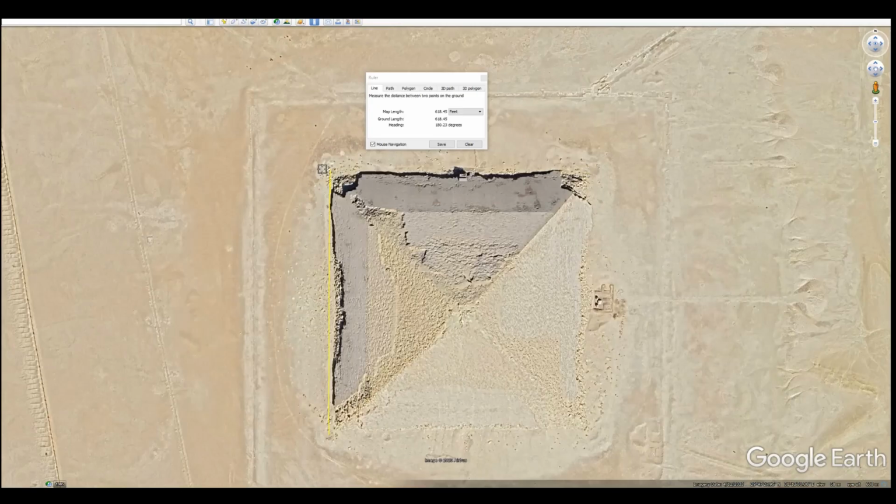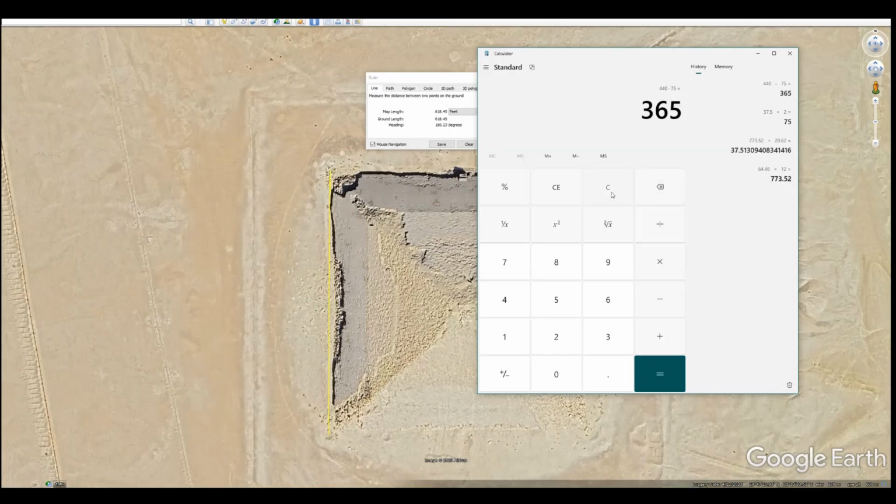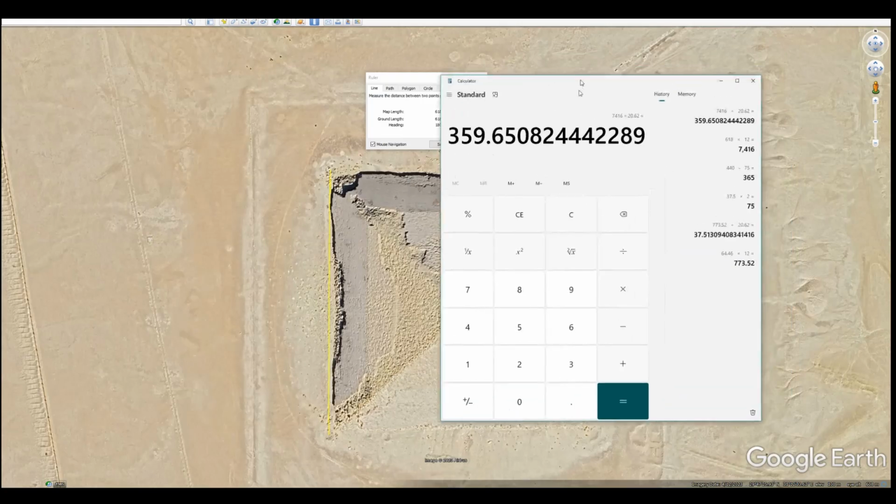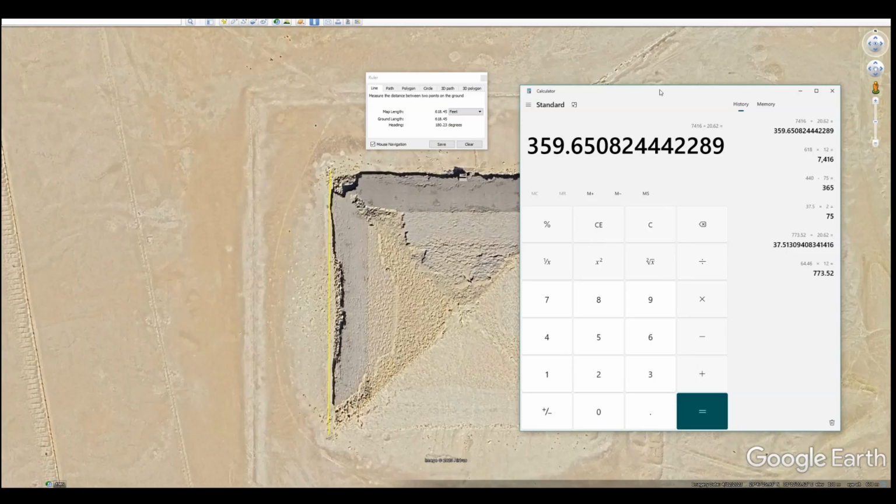So when you eventually shorten it out, 618 feet, you do the same thing to cubits, right? 618 feet, multiply it by 12 to give us the inches. We divide by 20.62 to give us 359, so within a couple of inches.